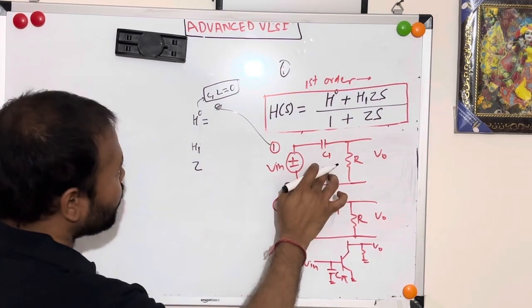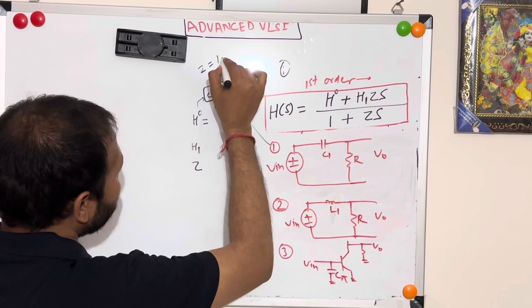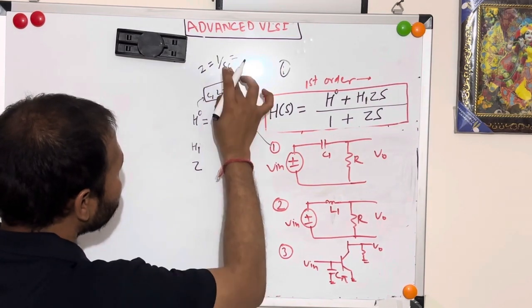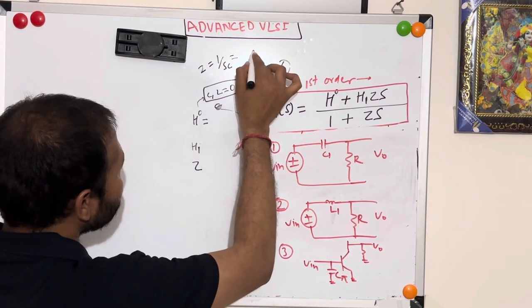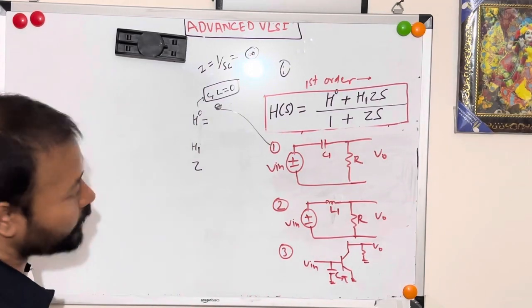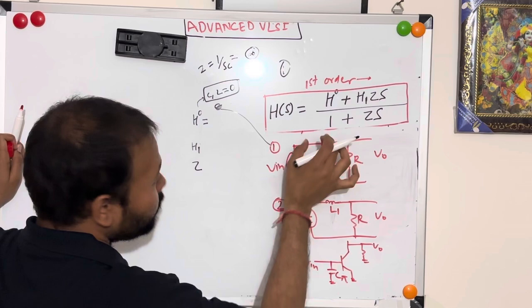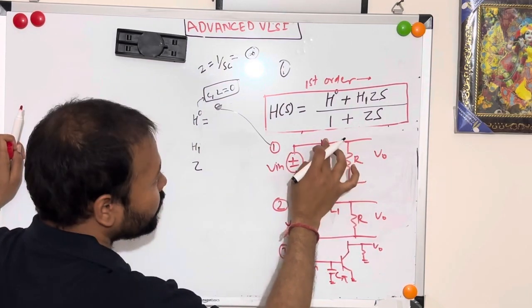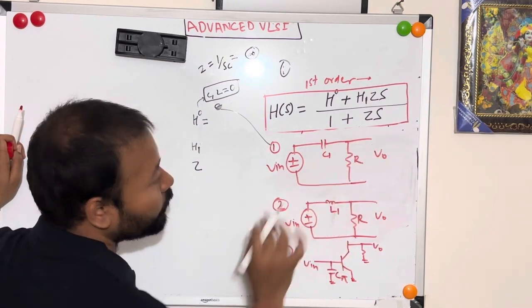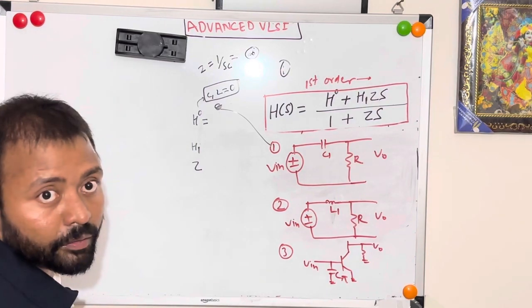Here is a capacitor. So what is the impedance? 1 by SC. If I put C equal to 0, then impedance is infinity, which means this is an open circuit, so open it. So what is the V out? 0.